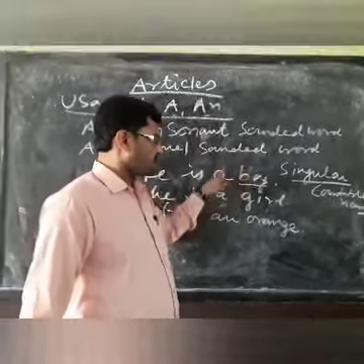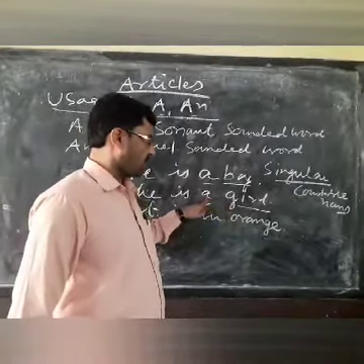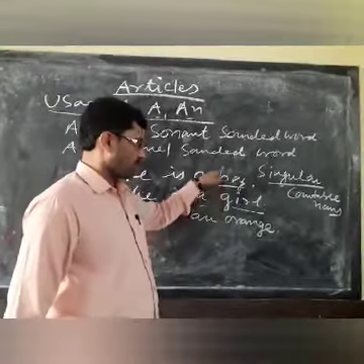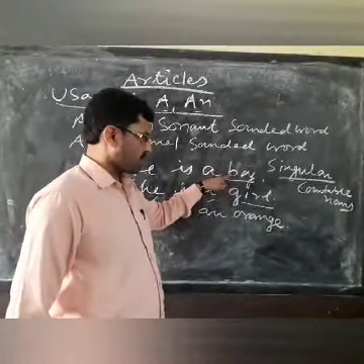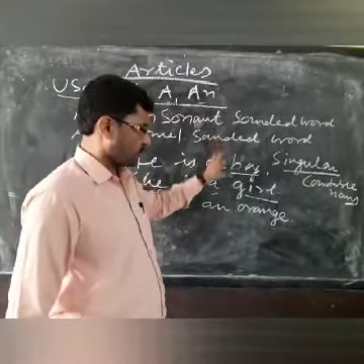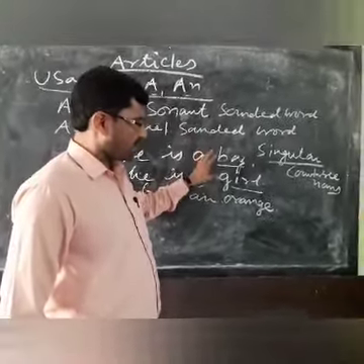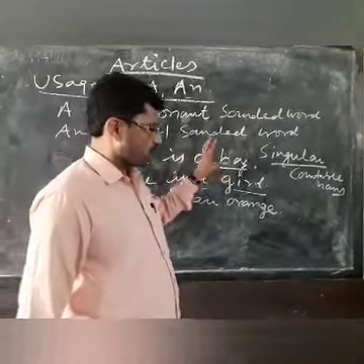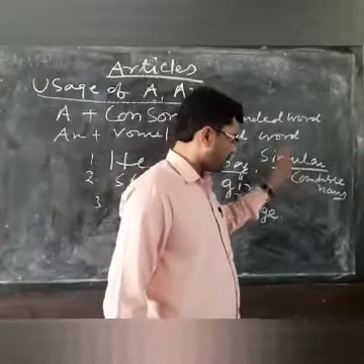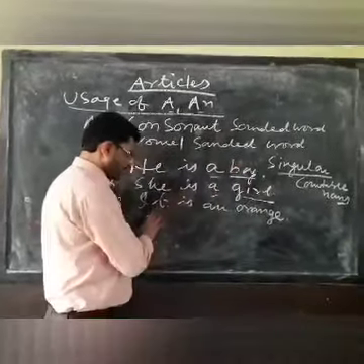Girl is also a noun and it is a singular countable noun. It is not plural. You can use a. And this is a consonant. B gives a consonant sound. G gives a consonant sound. So, before consonant sounded words, we use a, and the first condition is that the noun should be singular countable, and they are singular countable.